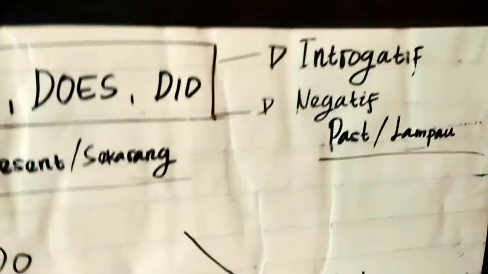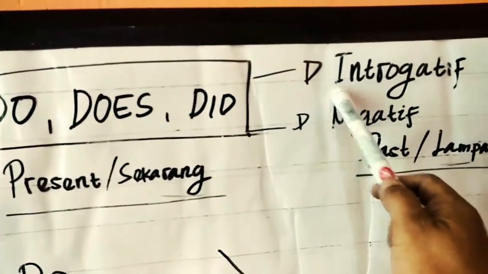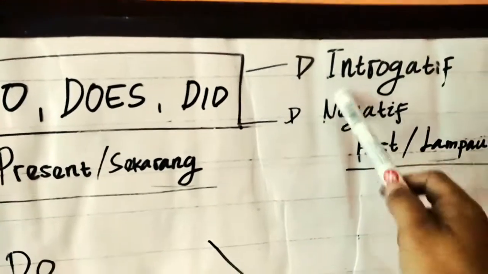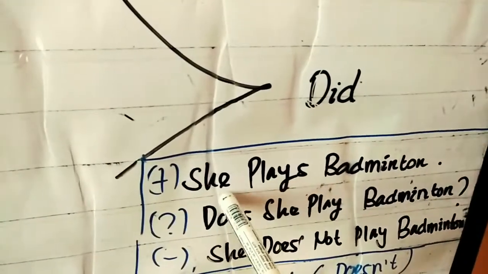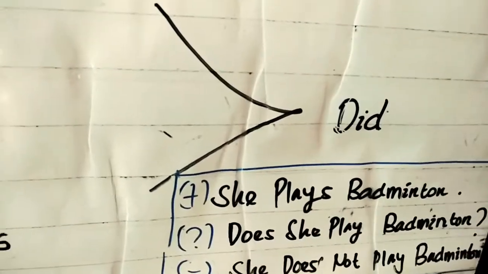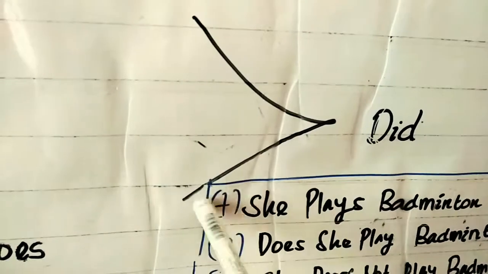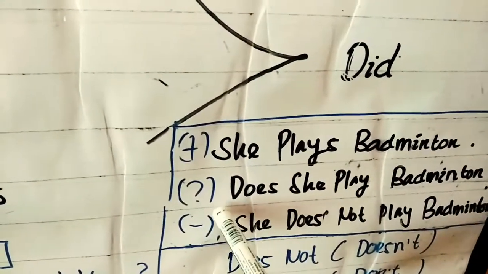In general, we use do, does, did for interrogative and negative sentences. So here in the positive sentence, there is no do or does or did because this is a positive sentence.